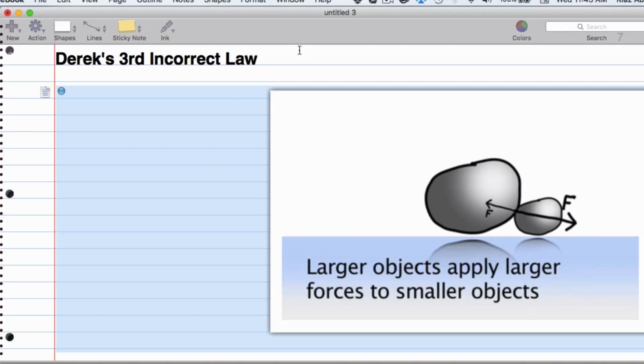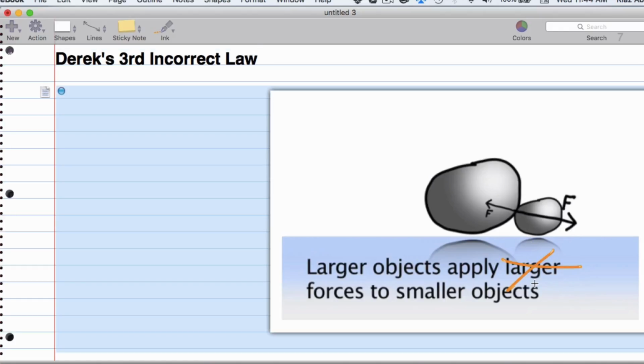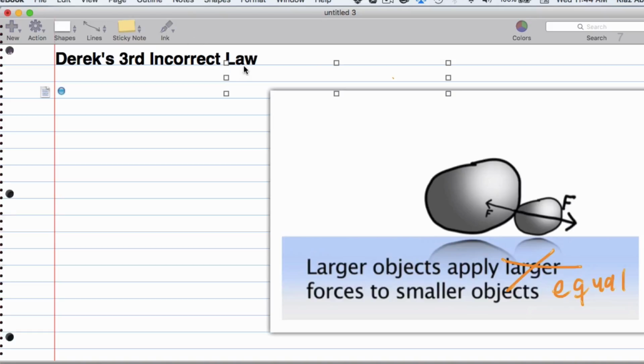And then for the third one, we said larger objects apply larger forces to smaller objects. And the most common correction I saw is that most people crossed out the word larger and put equal, which is a totally legitimate answer as far as changing the law goes, but then it opens up the question, well, if we change the word to equal here, that's actually strange, because imagine a little fly and a giant truck.